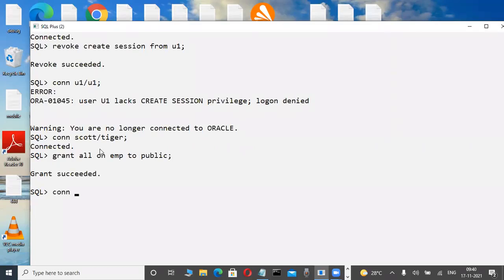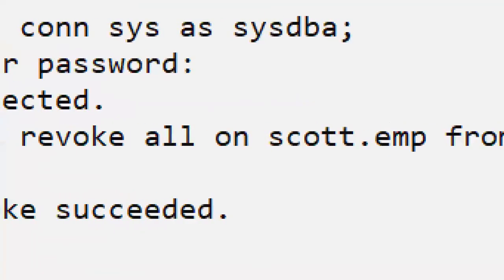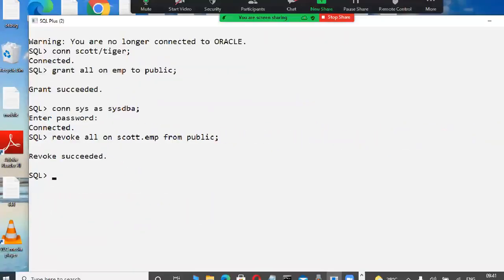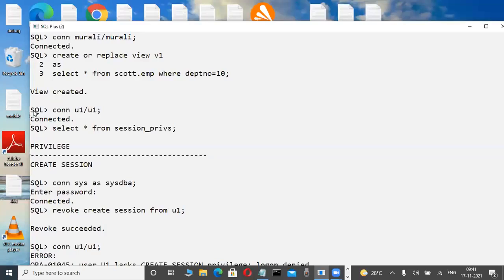Now I am using sysdba. Connect as sys as sysdba, enter password sys. Now I cancel differently: revoke all on username.objectname, scott.emp, from public. This is another way of canceling object privileges from the DBA user. Otherwise, the owner user can directly cancel them. It is possible. Just write this one example quickly.